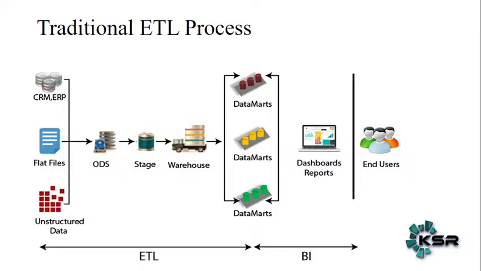So a data mart, I would say, is domain-specific data. You are getting the data from multiple data sources, and you're working on one single system, I mean one single line of business. In that case, we call it a data mart. From the data mart, we do all types of reporting. Now, this is a traditional ETL process.